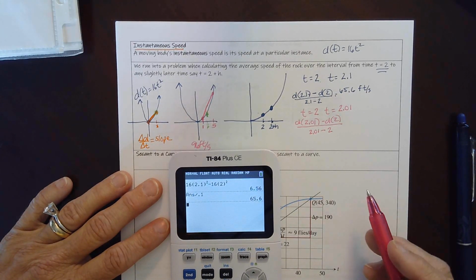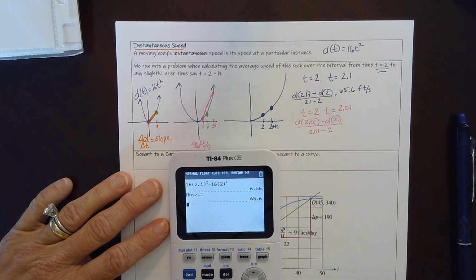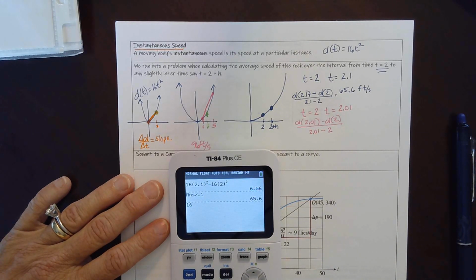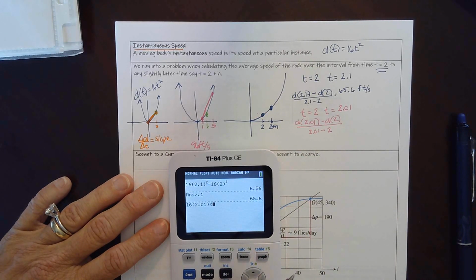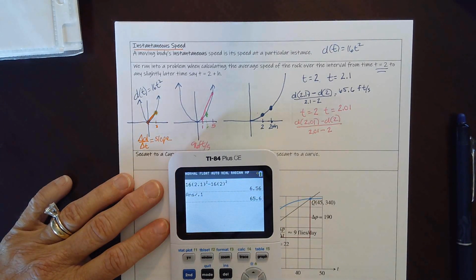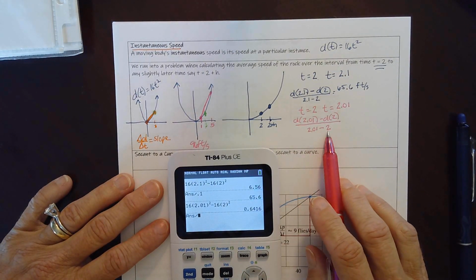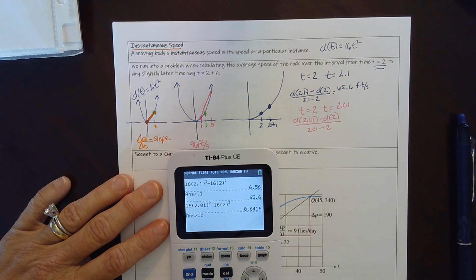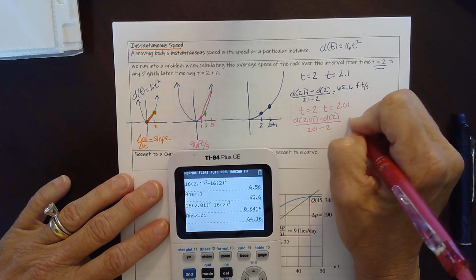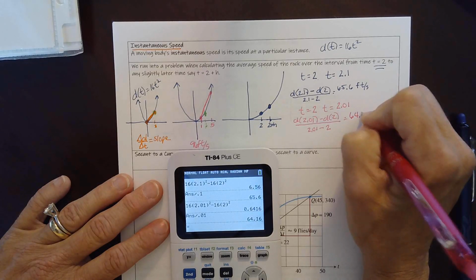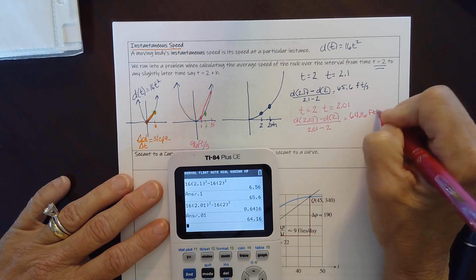And so now 16 times 2.01, close it and square it, minus 16 times 2 squared, and I will enter, and then I'm going to divide that by 2.01 minus 2, which is 0.01, so 0.01, and enter. And so now I get 64.16 feet per second.